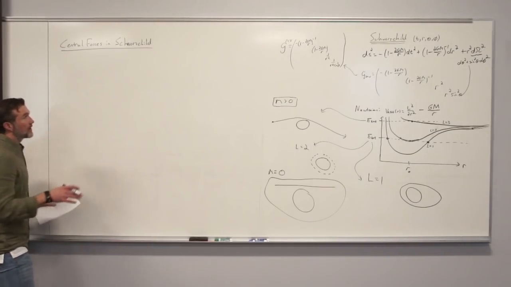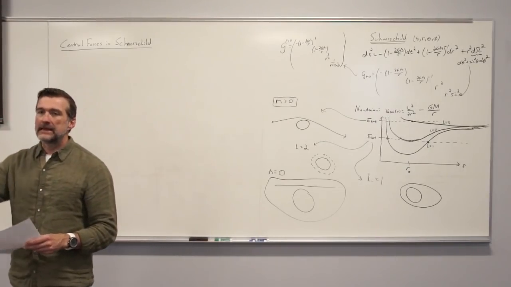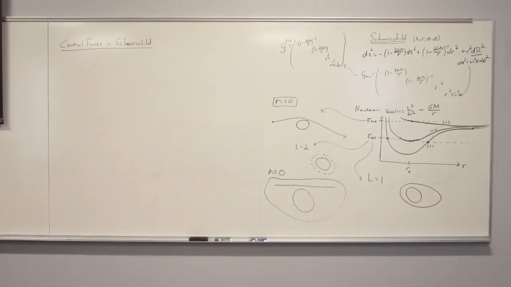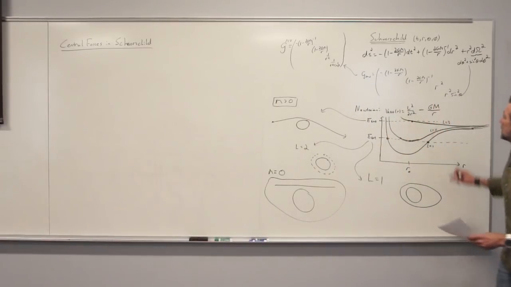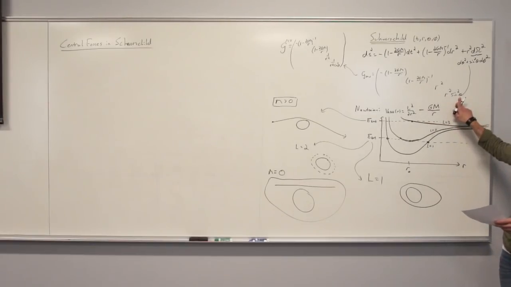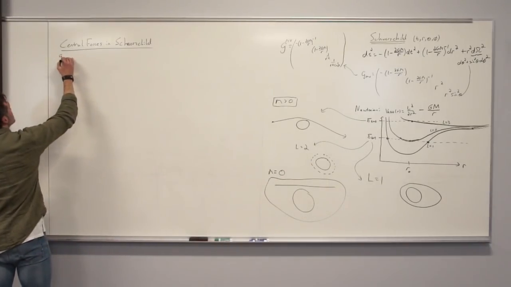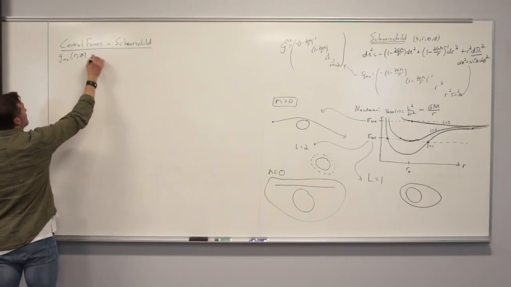the first thing to note is that our metric is independent of which two coordinates? Time and phi, right. There's r and there's theta in there, but there's no t or phi. So g mu nu is only a function of r and theta.